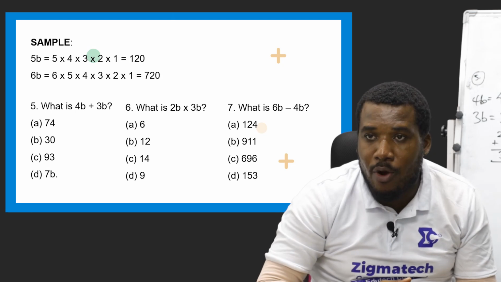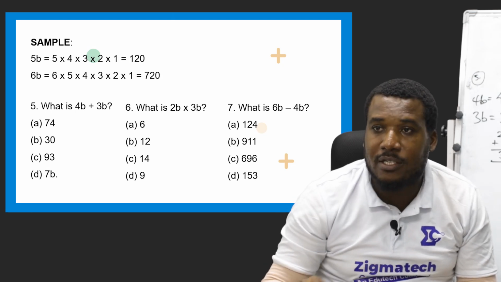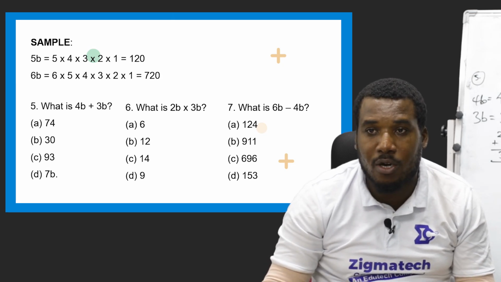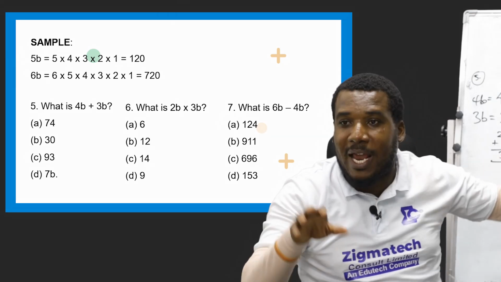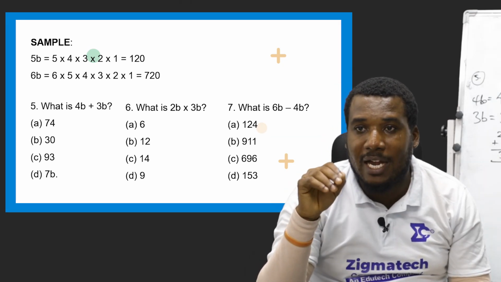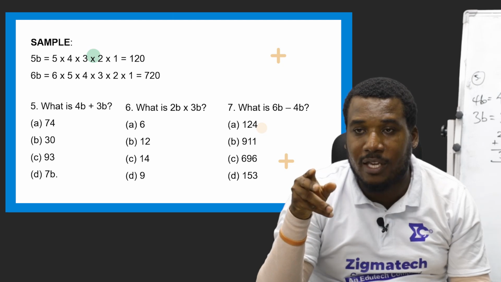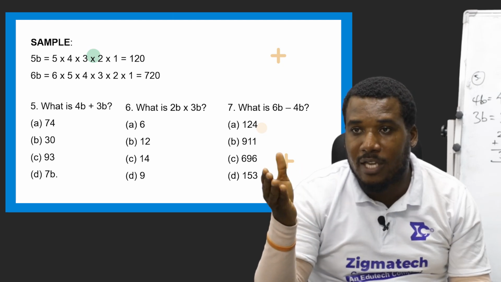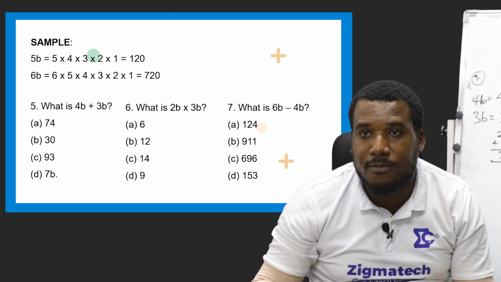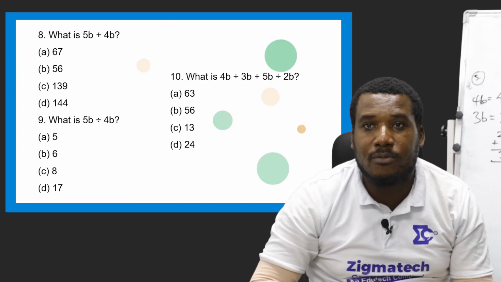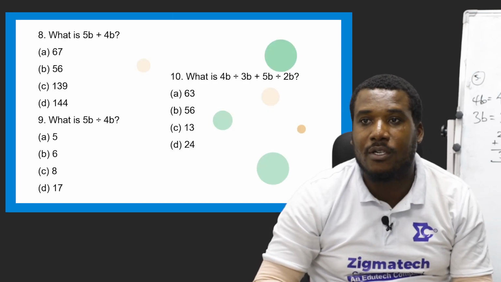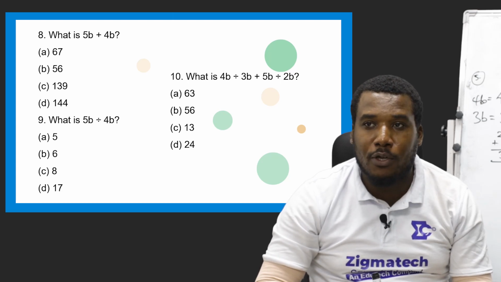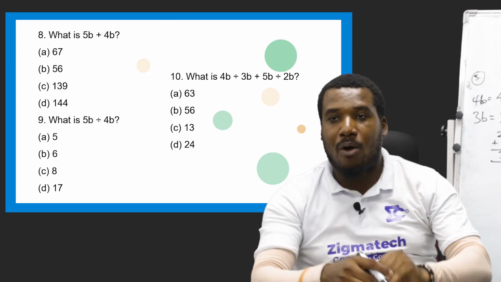Now you answer the other ones, 6 and 7, very easy using the same method. When you get your final answer, you just apply the sign in between. The sign in between in the case of 6 is a multiplication, 7 is a subtraction, 8 is addition again, then 9 is division.